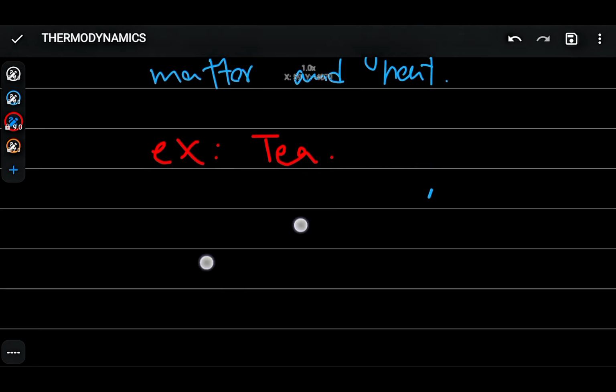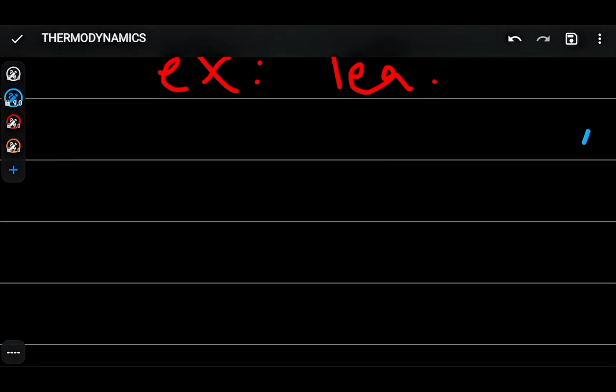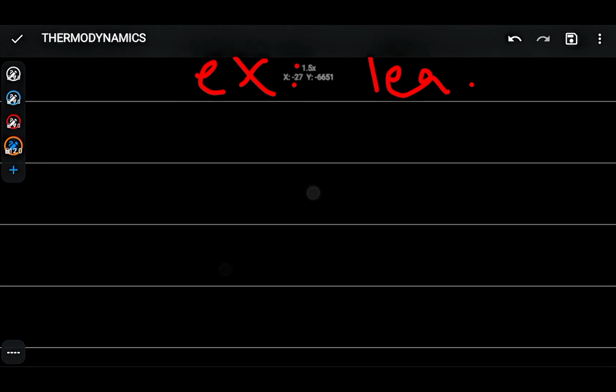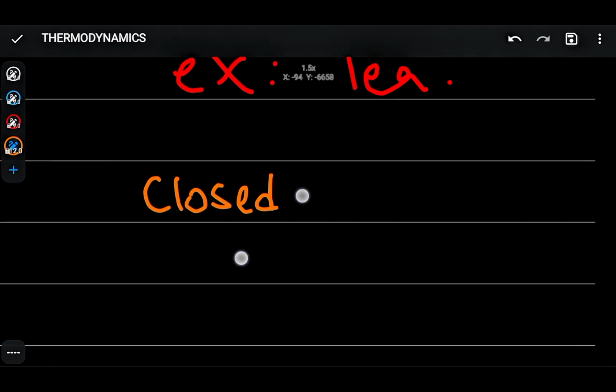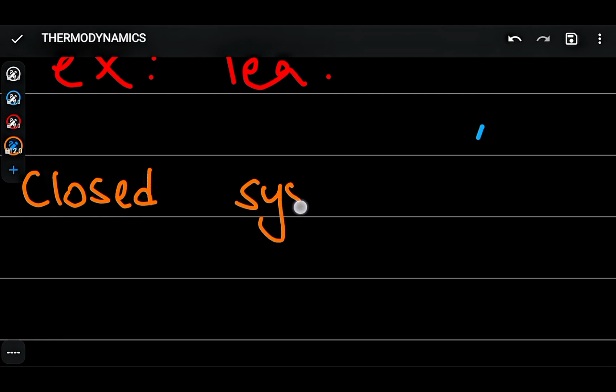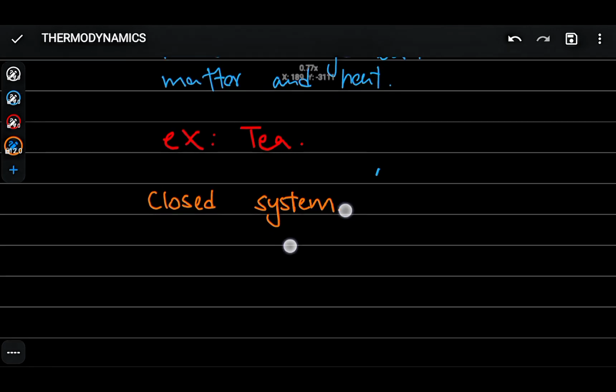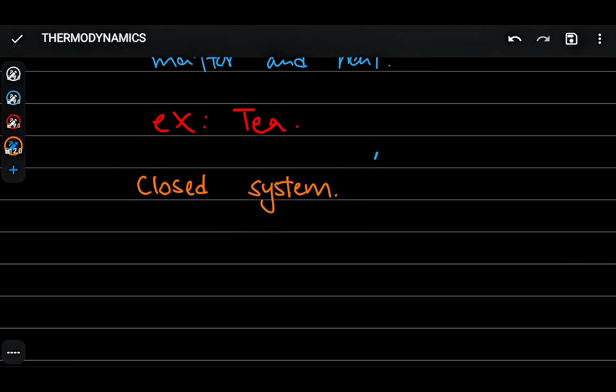Now let's come to the second system, which is the closed system. So a closed system is basically one that can exchange heat but not the matter.